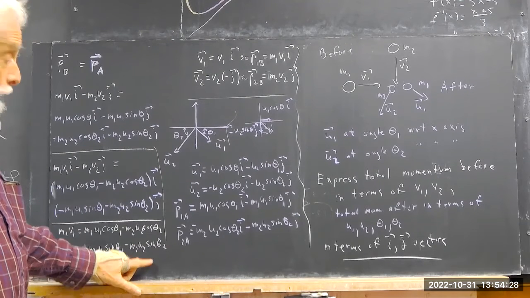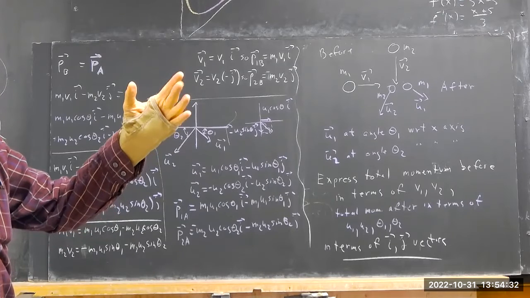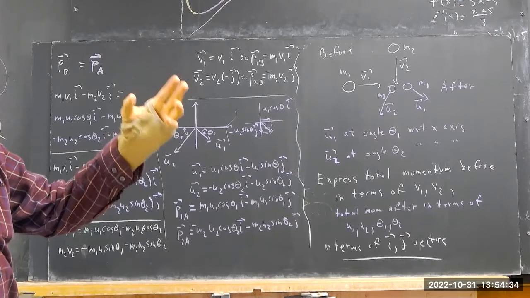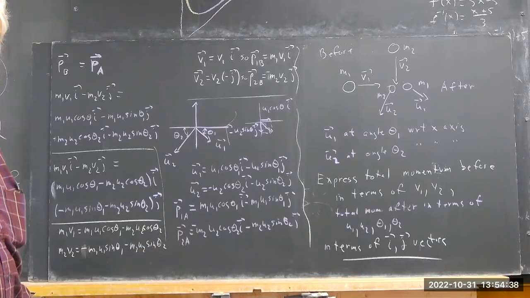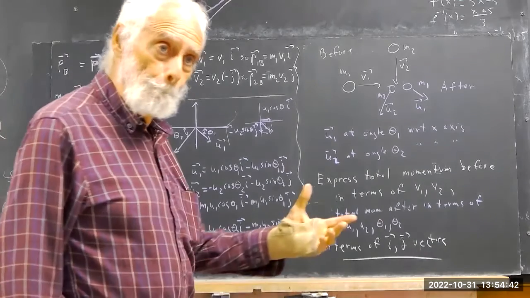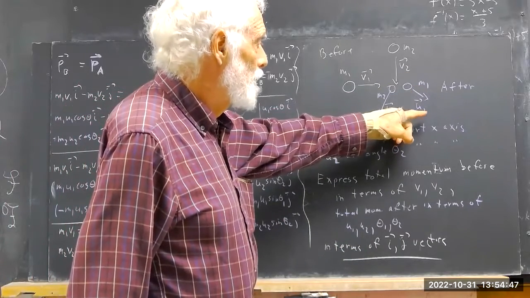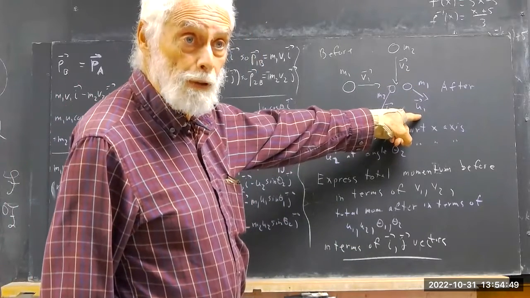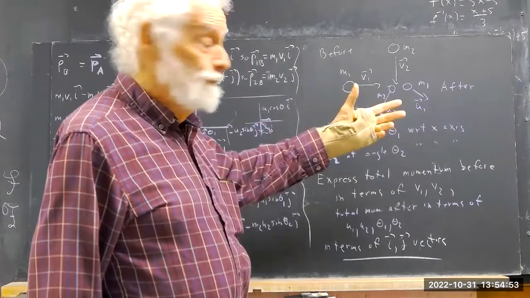Now we've got a bunch of possible unknowns here: M1, V1, M2, V2, U1, theta 1, U2, theta 2, that's 8. We've got to know 6 of them. Maybe we don't know U1, the magnitude or direction of U1. And this is a common thing.